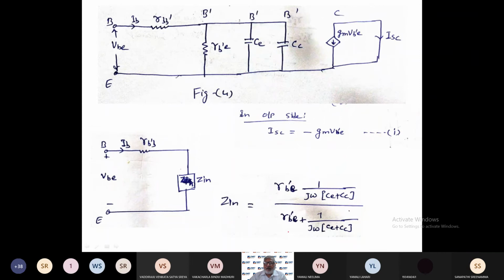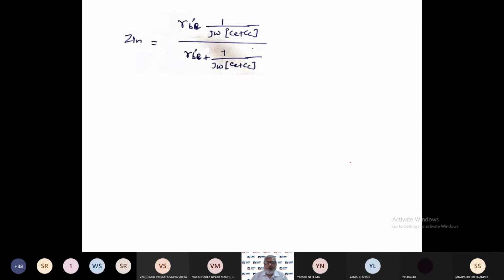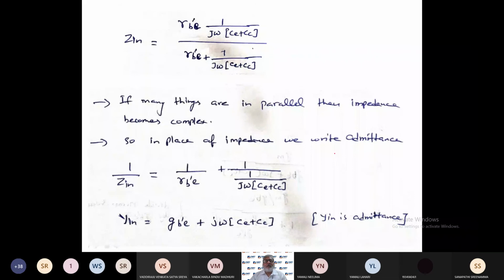Right, and in the denominator R B dash E plus this part, the capacitor reactance. Okay, so this is equivalent to your Zin. So Zin is represented this way. Okay, so same thing is written here. So now if many things are in parallel, then the impedance becomes complex.